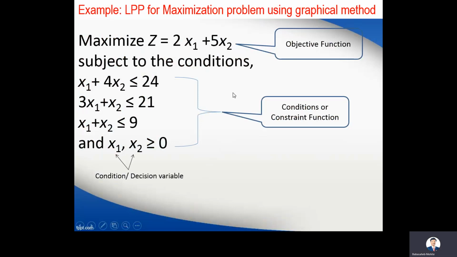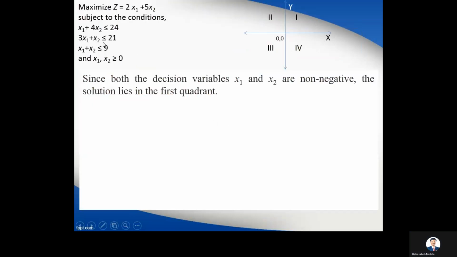Now the second thing is that when you are drawing any graph, you should know the coordinate points, or we can say the quadrants. When you are drawing any graph, the horizontal axis is called the x-axis and the vertical axis is called the y-axis. And on this graph, always the first variable we show on the x-axis and the second variable on the y-axis.